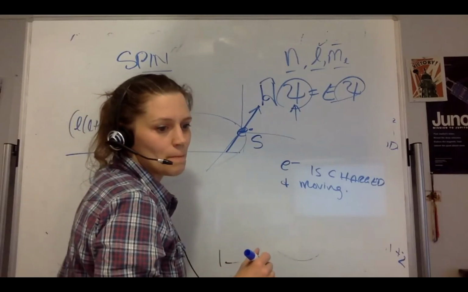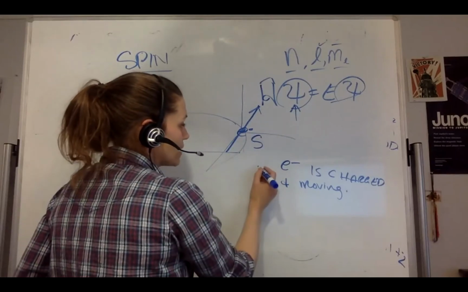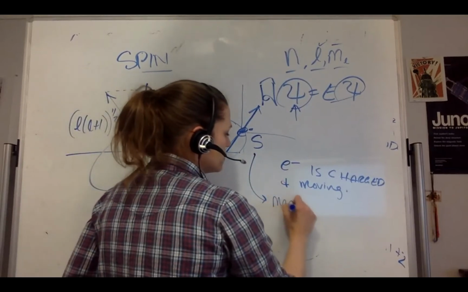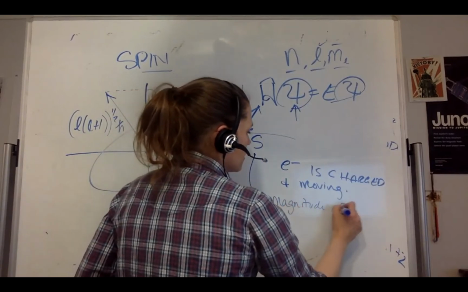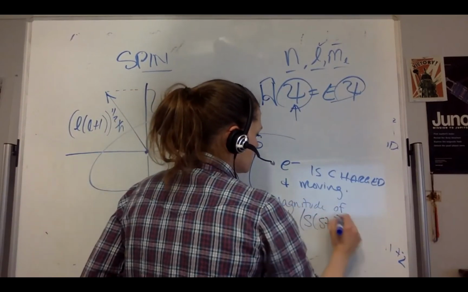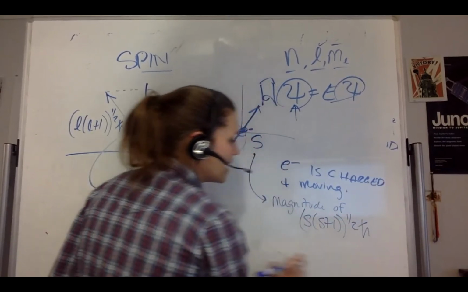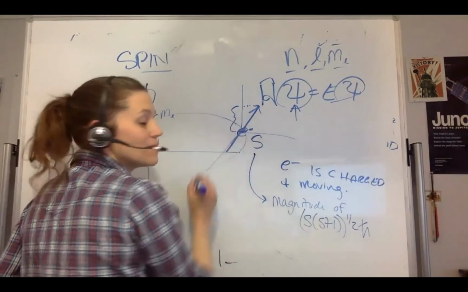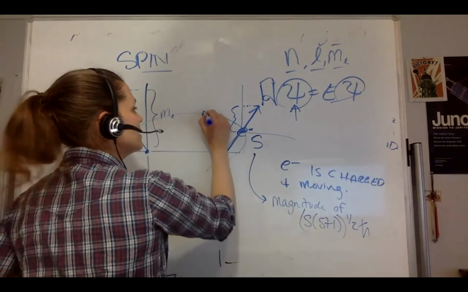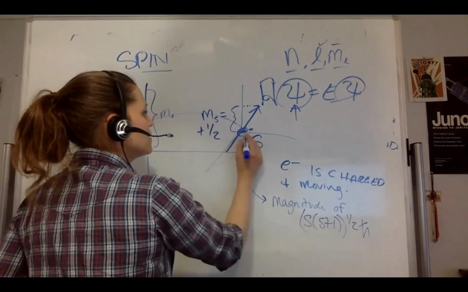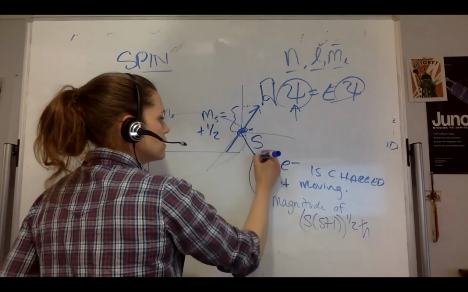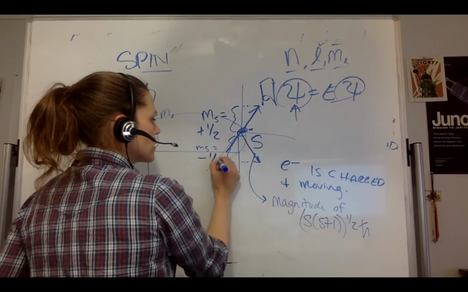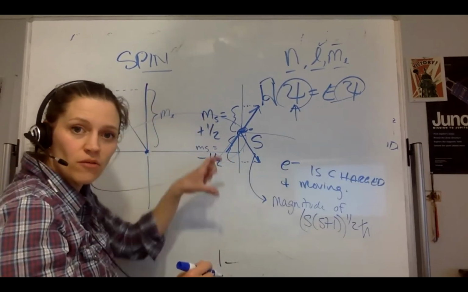Anyway, so this spin has magnitude of the square root of s(s+1) times ħ, and its projection onto the z-axis. Any guesses what that value is? m sub s is plus 1/2 or minus 1/2, above or below.